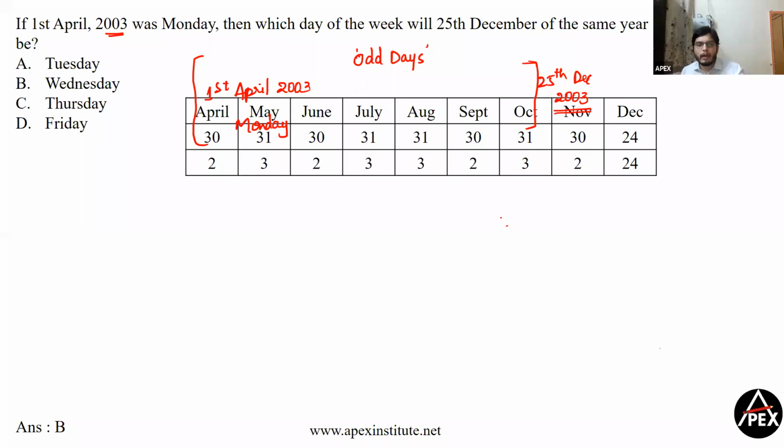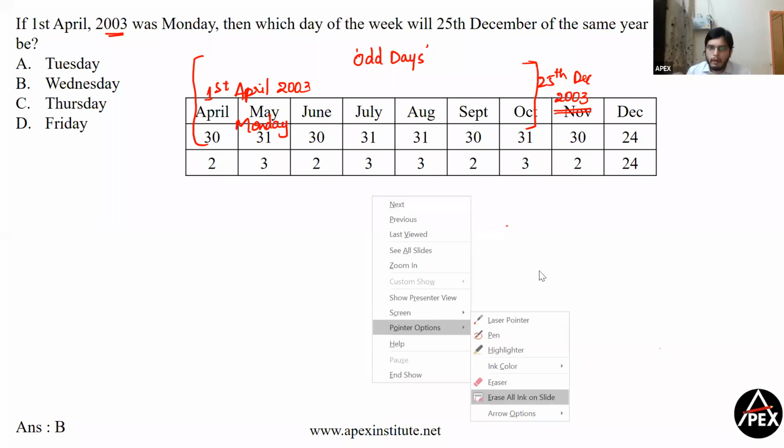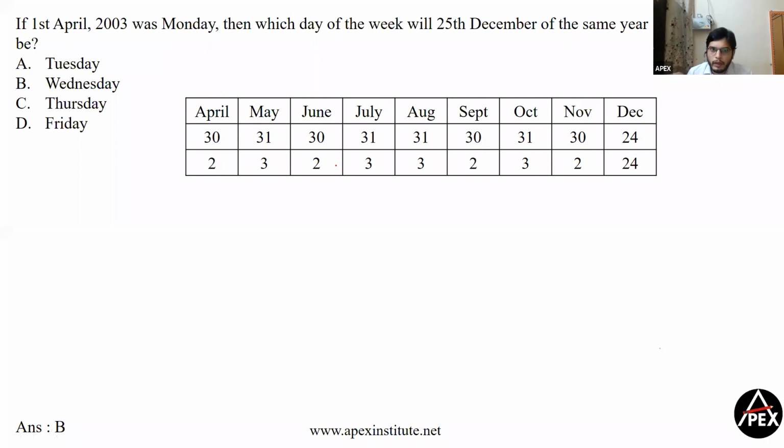Instead, what I will do is, we have the total number of odd days for each month, isn't it? April 2, May 3, June 2, July 3, August 3, September 2, October 3, November 2, and we are calculating 25th December. So we will have 24 completed days in the month of December. Add all these: 2 plus 3 is 5, 5, 10, then 15 and 20.